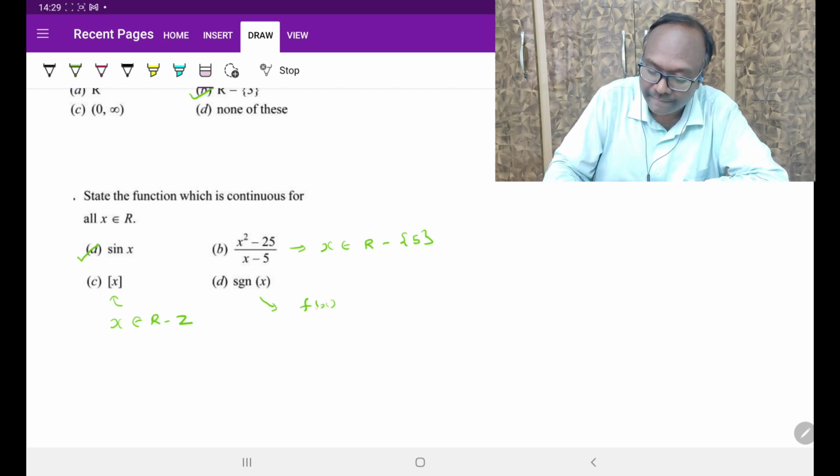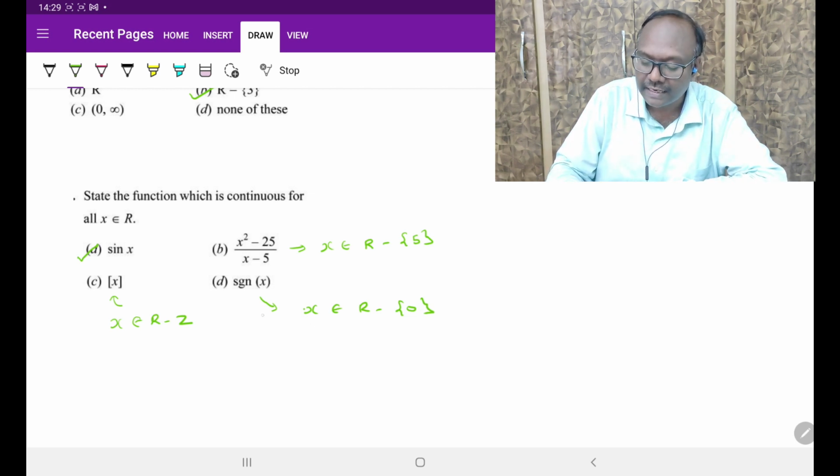So we can say that this function is continuous for x belongs to R minus singleton set 0, because here we could see the left hand limit is minus 1, the right hand limit is plus 1, whereas f of 0 is 0. Therefore the signum function is continuous for all real numbers except 0. So the right answer where the function is continuous for all x belongs to R is sin x.